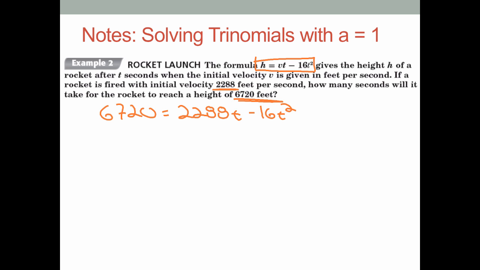I then have to get it equal to 0. Now, what I'm going to do is add the 16t squared and then subtract the 2,288t from both sides.